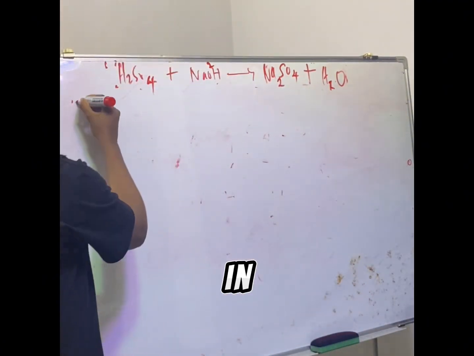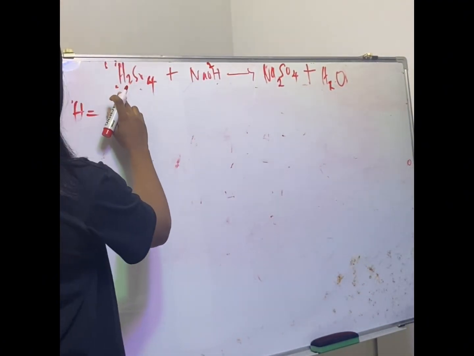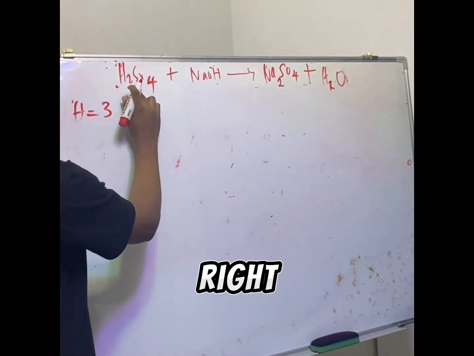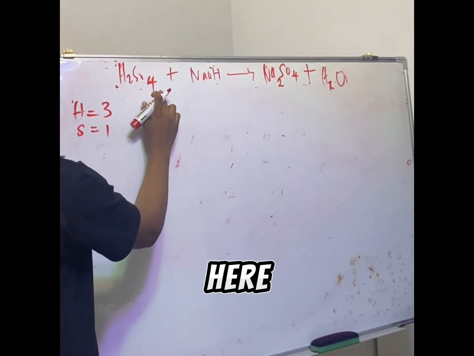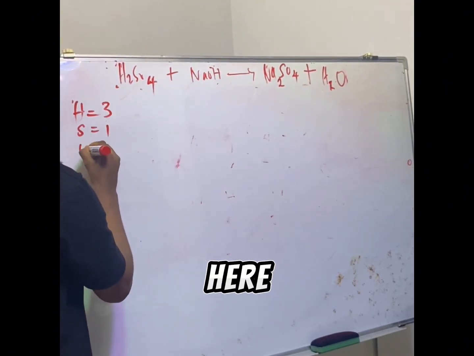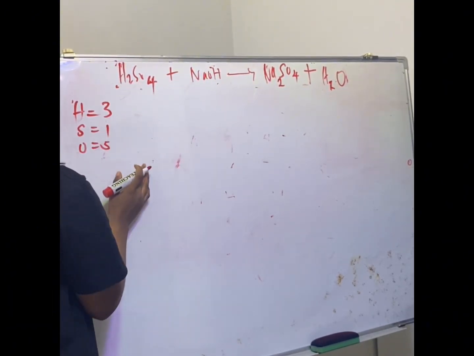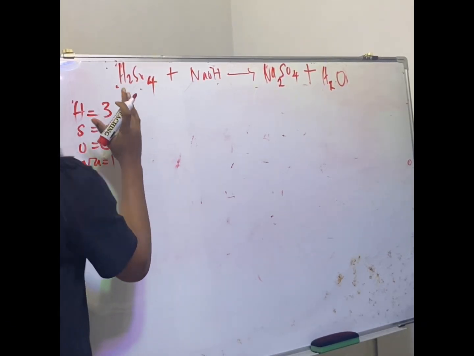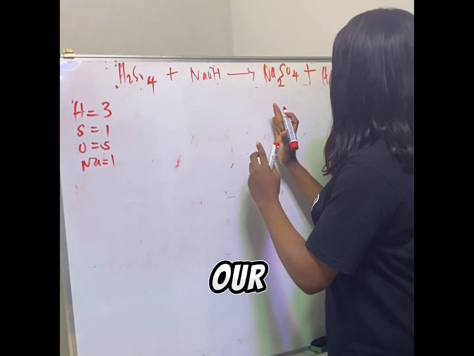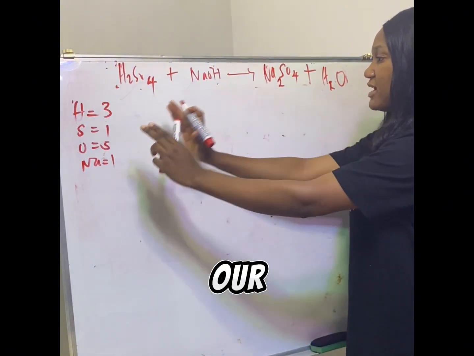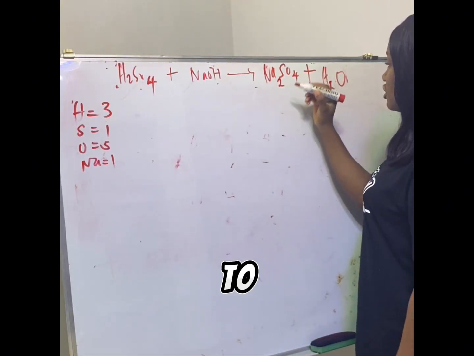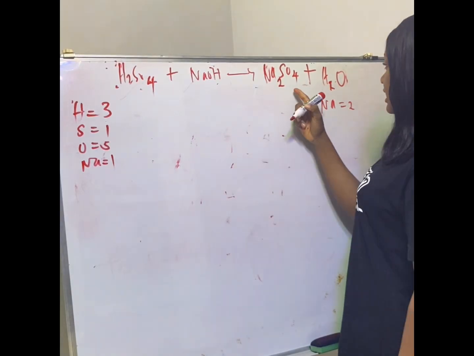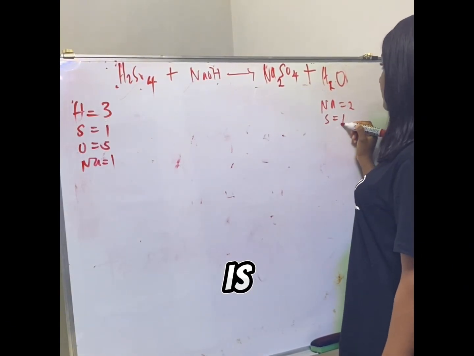Now for hydrogen, we have how many hydrogen here? 2, 3, right? We have how many sulfur here? 1. Oxygen here is 4, 5. Sodium here is 1. Now this is for our reactant. Over to our product, sodium here is 2. Okay, sulfur here is 1.